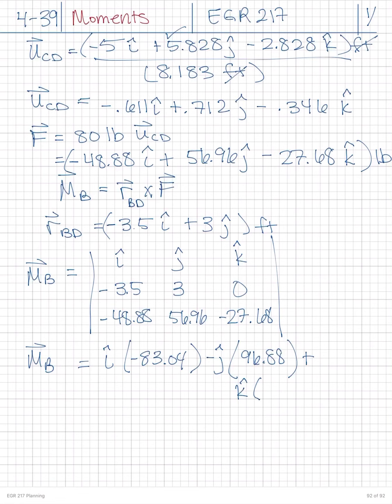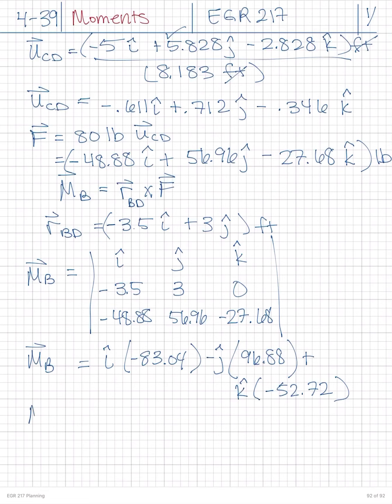And then minus 3 times negative 48.88. Minus negatives, so that's plus. So we get negative 52.72. So that's what we get for our moment.